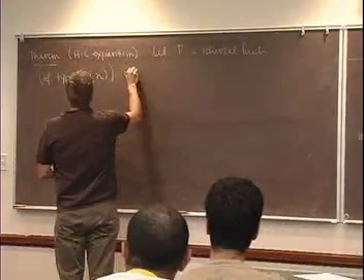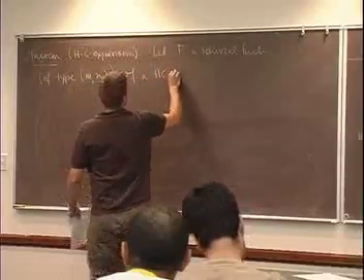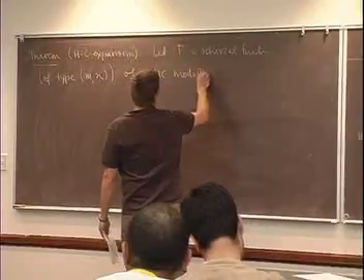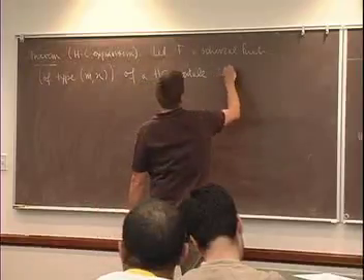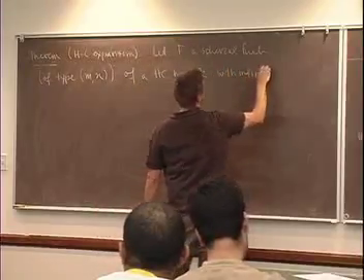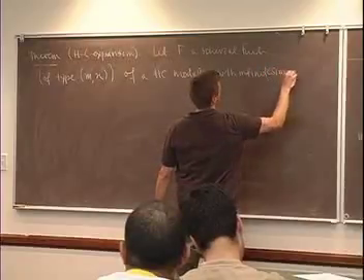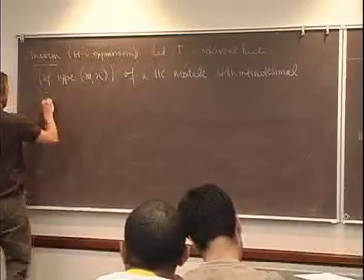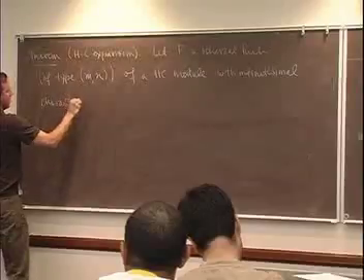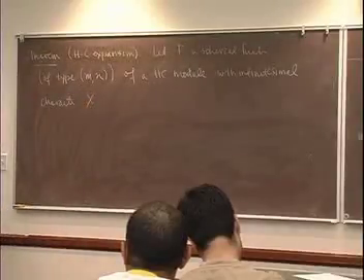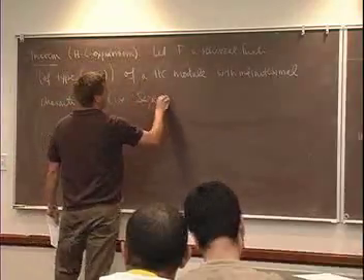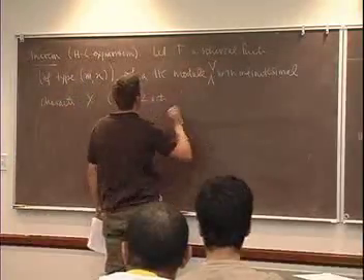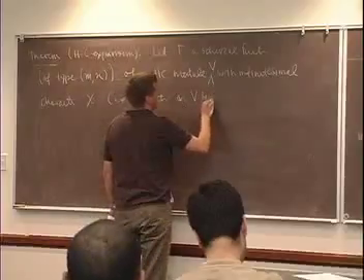Of a Harish-Chandra module. And just because I was making life a little easier, with infinitesimal character chi. That just means, in the SL2 case, that omega acts on V by a scalar.